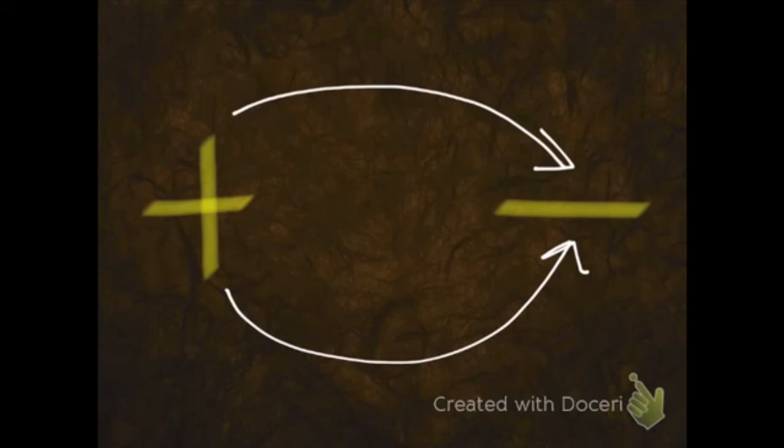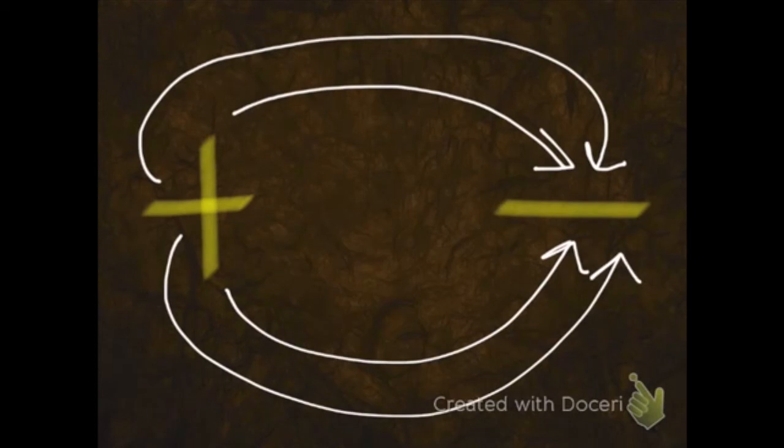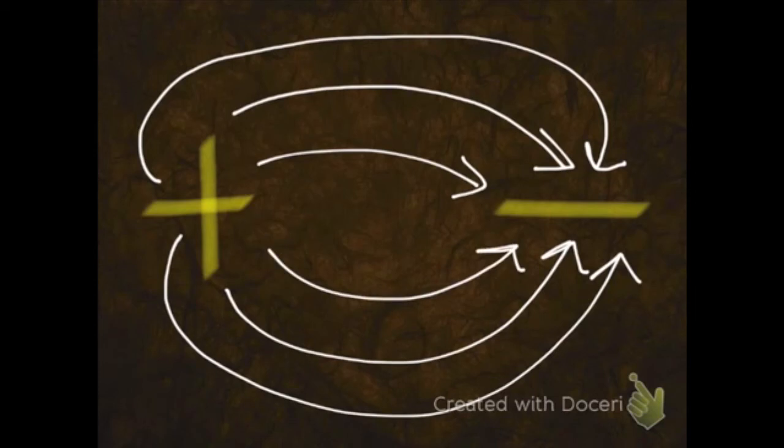They'll go out from the positive charge in toward the negative charge, representing their attraction to each other. And the bigger the charge, the more arrows you're going to have, because the stronger and bigger the electric field is.